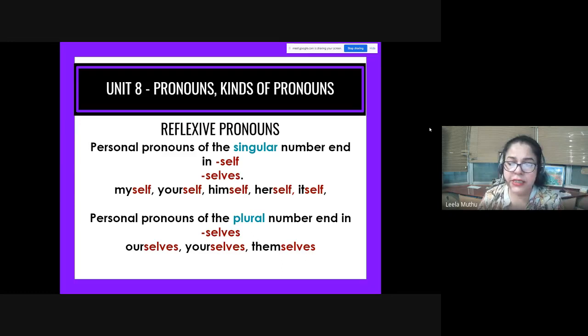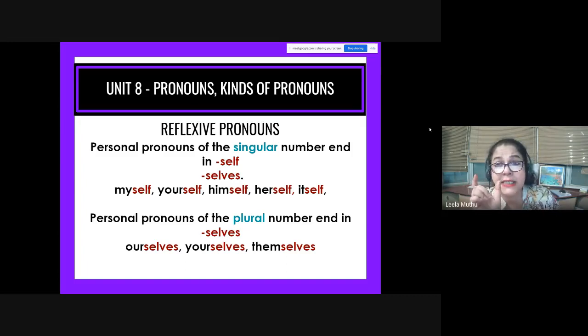Okay, so this is very easy. Personal pronouns in the singular, you know, are he, she, it, you, I. For these singular pronouns, you will add self to the end of it, not selves.